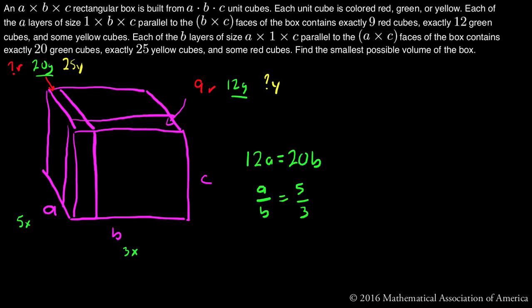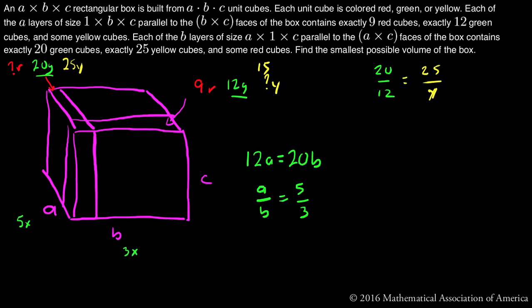And so, if I have this similarity, the number of green to the number of green has to match the number of yellow to the number of yellow, to the number of red to the number of red. And so, I know that 20 over 12 for the green must equal 25 over, I'll say, y for yellow. Cross multiply and solve, and I should get 15 for the number of yellows in one of these.